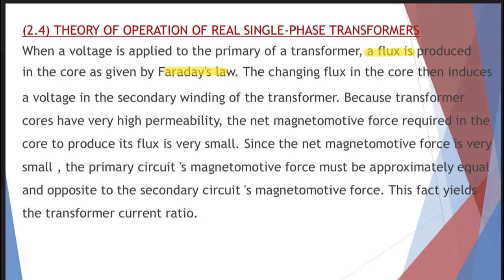Because transformer cores have very high permeability, the net magnetomotive force required in the core to produce its flux is very small. Since the net magnetomotive force is very small, the primary circuit magnetomotive force must be approximately equal and opposite to the secondary circuit's magnetomotive force. This fact yields the transformer current ratio. This is general information about the theory of operation of the real single-phase transformer.